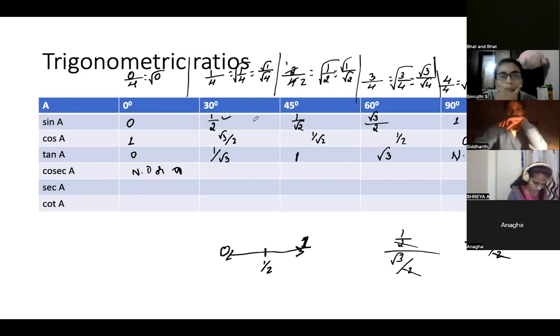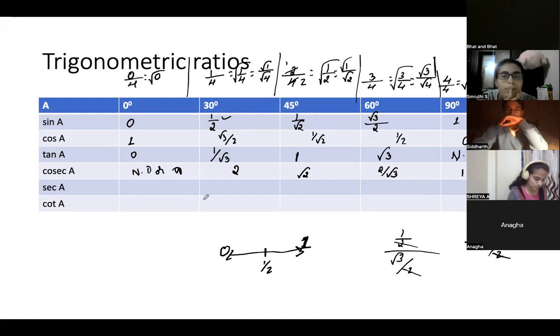Next. Cosecant 30. What will be cosecant 30 now? 2. Reciprocal of whatever you have in sine, correct? Yes. Next. Cosecant 45. Root 2. Cosecant 60. 2 by root 3. Correct. Cosecant 90. 1.